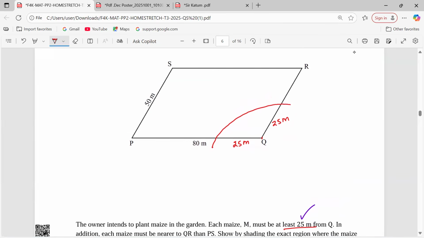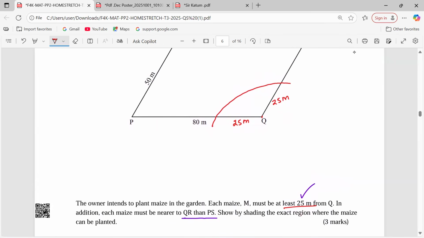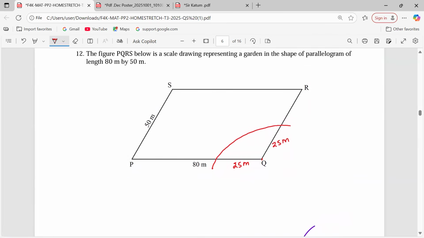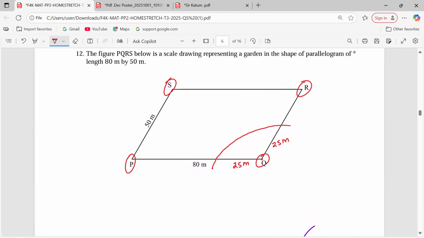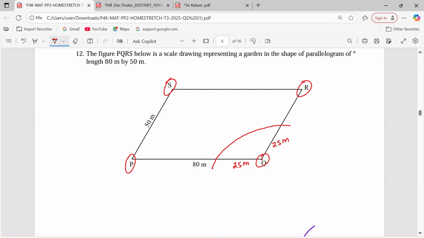Now the next thing is talking about being nearer QR than PS. PS is here. QR is here. So exactly between PS and QR, then we should be near QR. Near QR, meaning that the side with PS is unwanted. So how do we identify the mid of PS and QR?